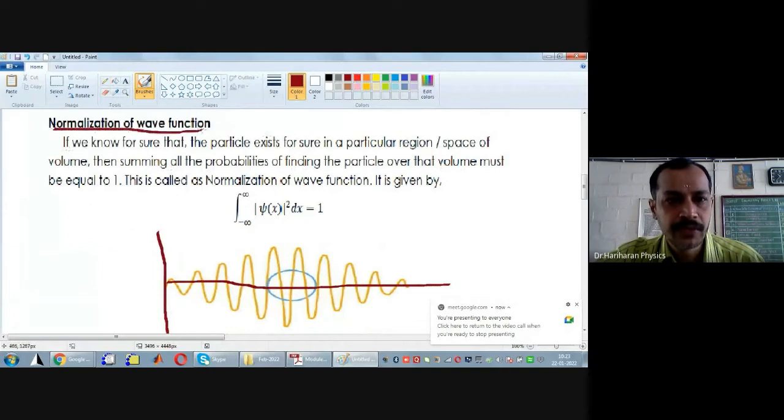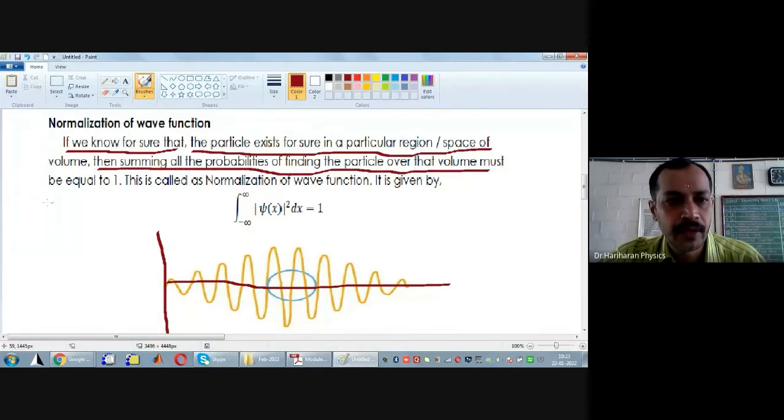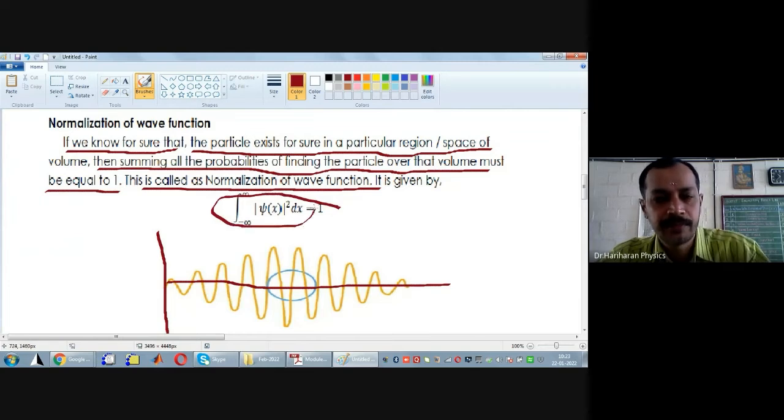If we know for sure that the particle exists somewhere in a particular region or space, then summing all the probabilities of finding the particle over that region of interest will be equal to 1. This is called normalization of wave function, and it is given by this mathematical expression.